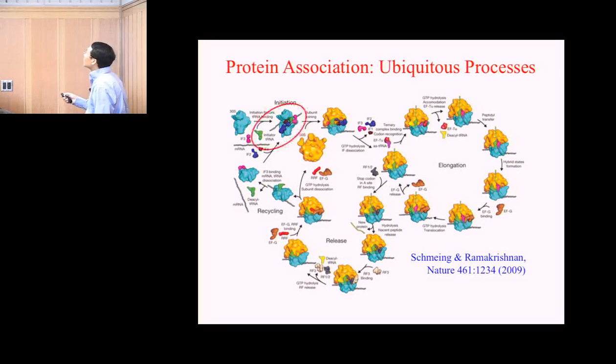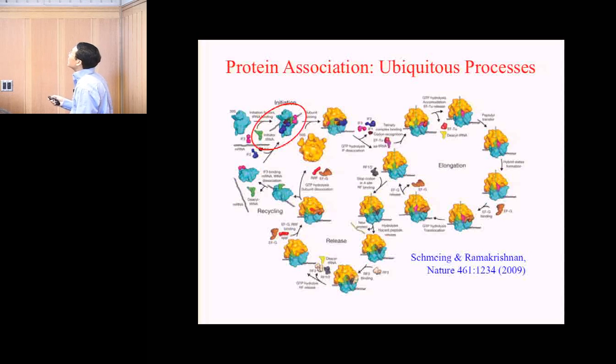If we look at the initiation process a little bit further, we now know that the initiation itself is really limited by the binding of the messenger RNA to the small subunit, and that process is helped by 3 initiation factors.